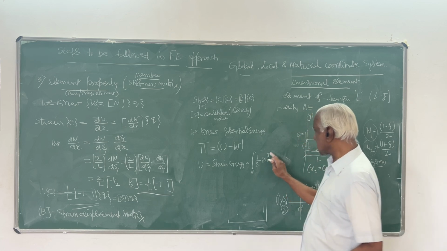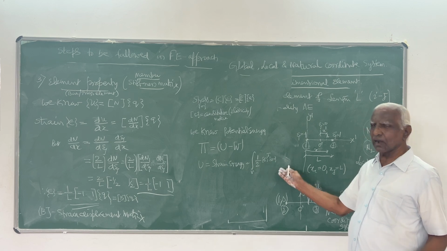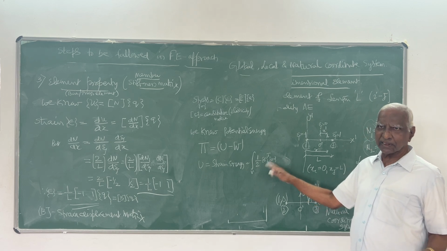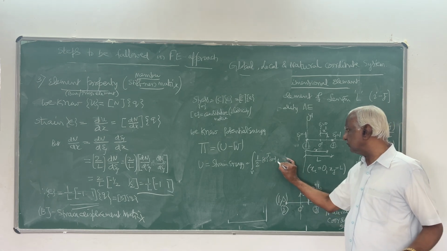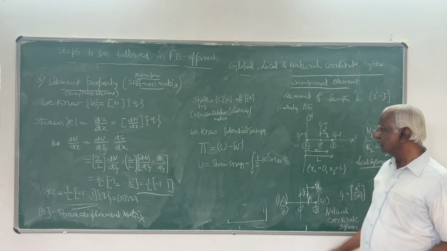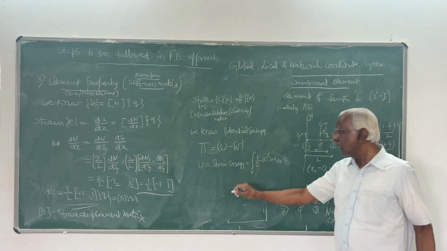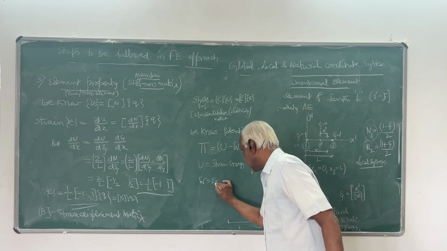I am writing transpose because they are both of the same order; epsilon and sigma, one should be multiplied by the other when it is transposed, into dV over the entire volume of the bar. That is the strain energy, and W is nothing but the external work.